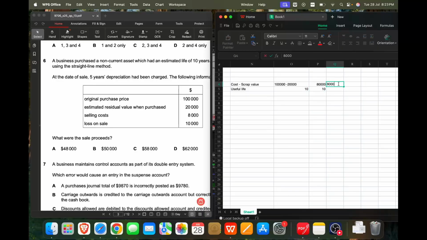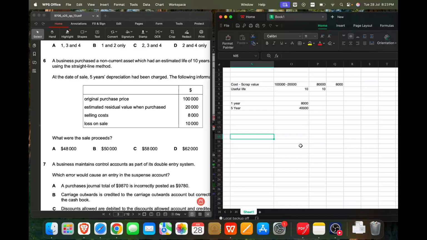So depreciation is 8,000 every year. So if 1 year depreciation is 8,000, then for 5 years it would be 8 into 5, which is 40,000. So the total amount of depreciation that we charge is 40,000.